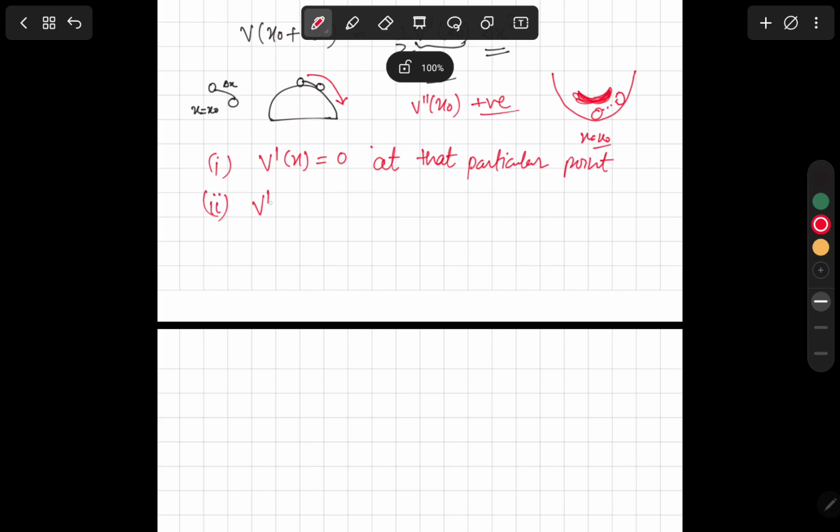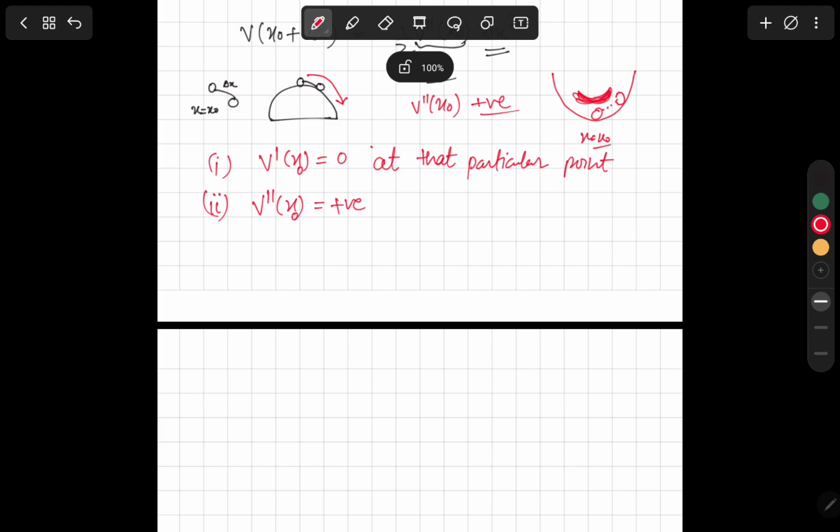Second condition is that v double dash of x should be positive, and let's say the particular point is x naught, so I am writing here specifically x naught. So these are the two conditions that must be satisfied for any system to perform oscillatory motion.